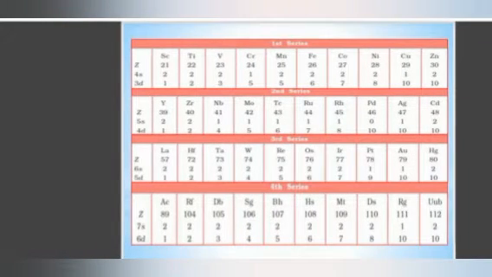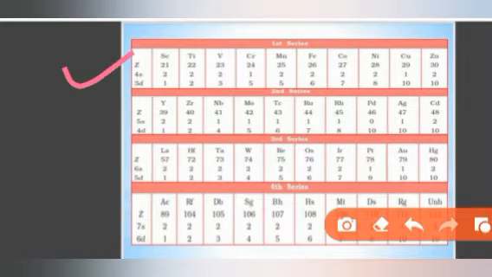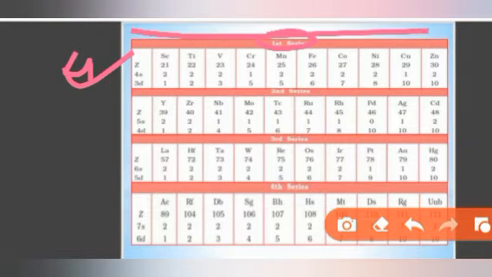If we talk about the basic members of D block elements, this is the 4s 3d series. It means we have the fourth period. In the fourth period, the first series, left to right, is scandium, titanium, vanadium, chromium, manganese, iron, cobalt, nickel, copper and zinc.